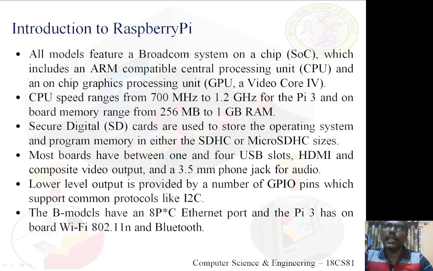A computer has a CPU, and in this case it's an ARM compatible central processing unit. When I say system, it also has a GPU, graphics processing unit, and here it's a VideoCore 4. Clear? So all models feature a Broadcom system on a chip, which includes an ARM compatible central processing unit and a VideoCore 4 GPU.